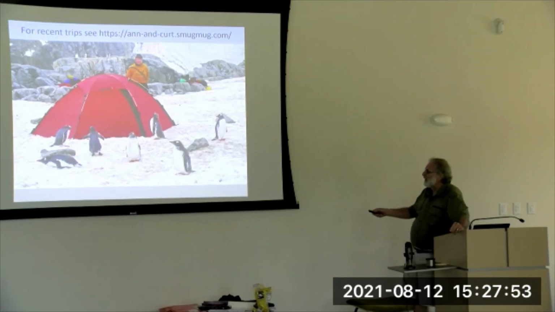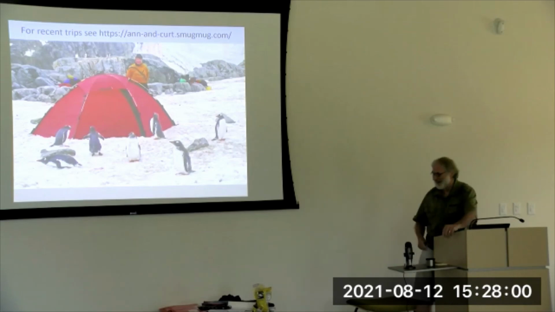So by the time we got home, the lower foot of our tent was just covered with brown spots all over it. I must have used like 2 gallons of Clorox sterilizing everything. But that's what a typical campsite looked like down there.